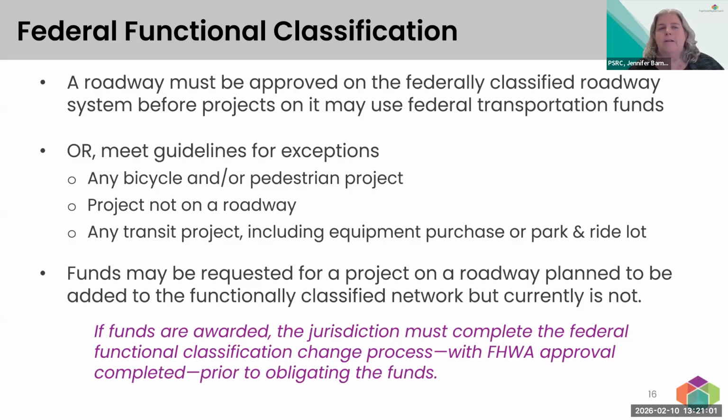Sometimes cities have their own version of classifications, but it's the federal functional classification that comes into play here. We do have a link in our guidance to WashDOT's website that shows all of the current system of federally functionally classified roads. There are exemptions for certain project types where they're located that are listed here. So that's also an option if your project meets one of these.